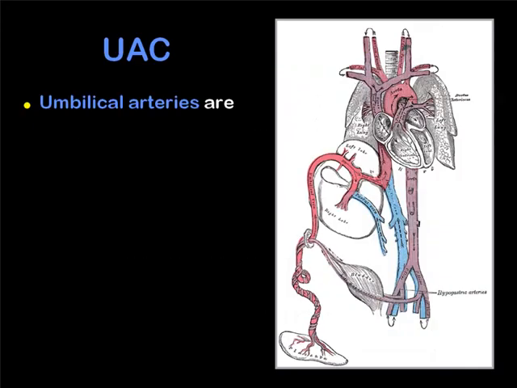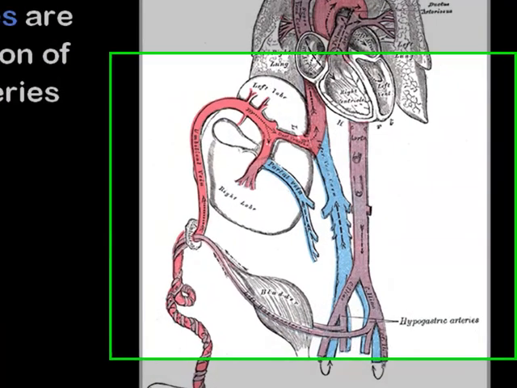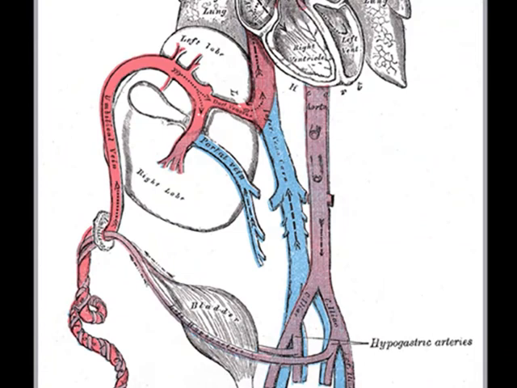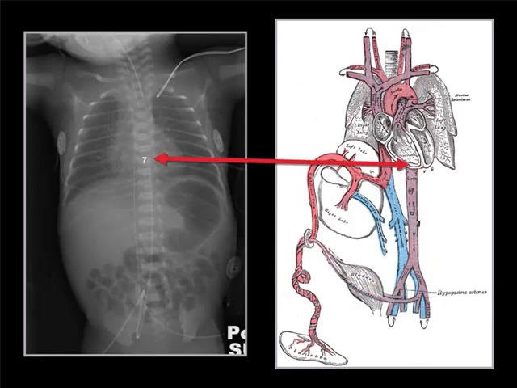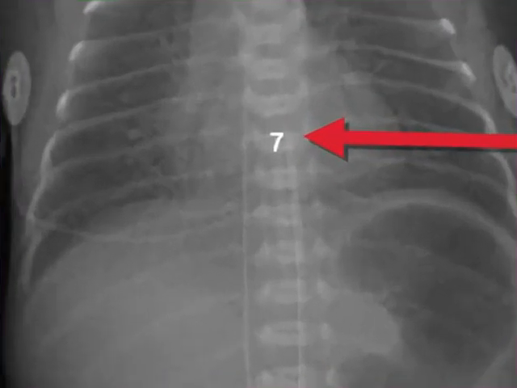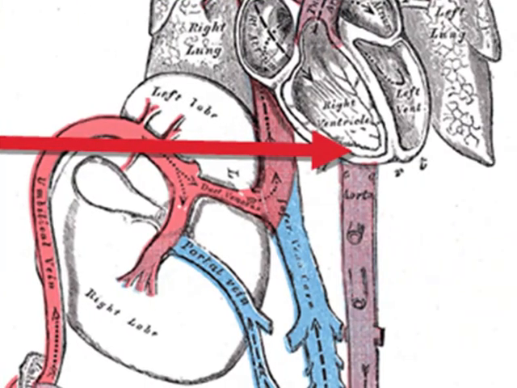The course of umbilical artery catheters is through the umbilical arteries, down slightly into the internal iliac arteries, then up the descending aorta into the thoracic aorta. This is the tip of an umbilical artery catheter at the level of T7, which corresponds roughly to the point shown on the diagram, except it would be behind the heart.